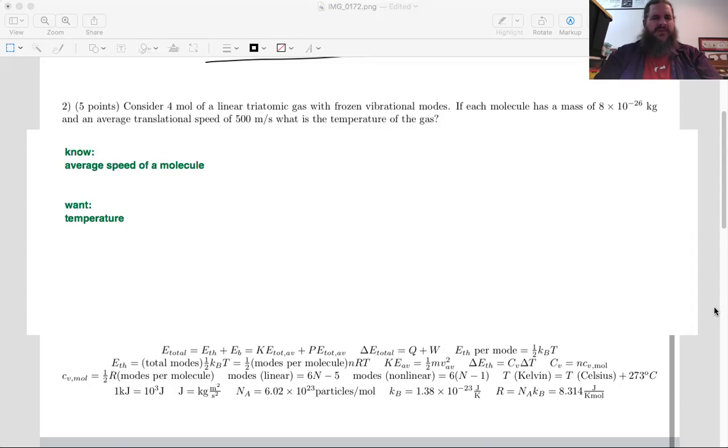What would be some concepts that tie together the average speed per molecule versus the temperature? Or why would those be related in the first place?